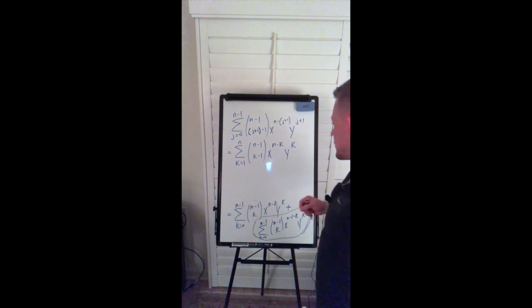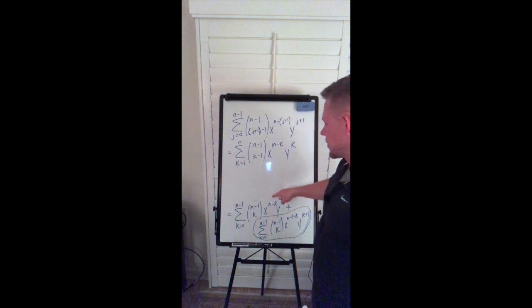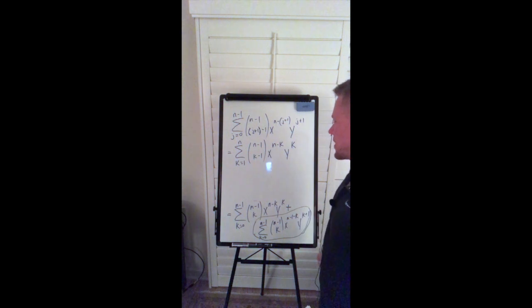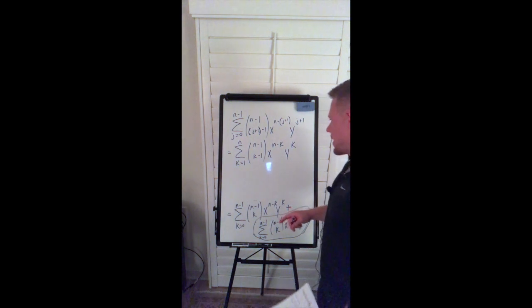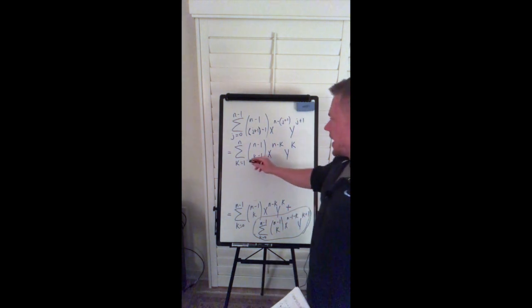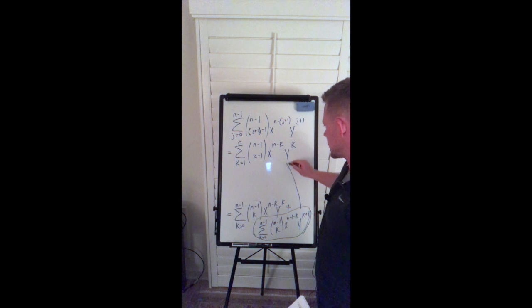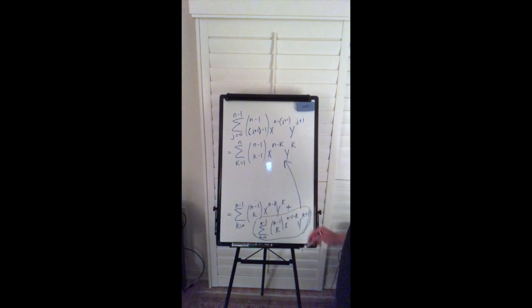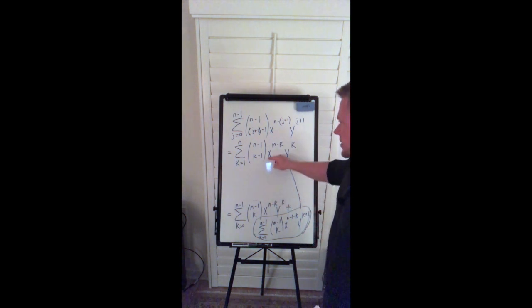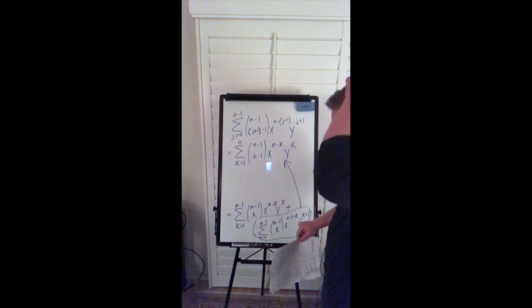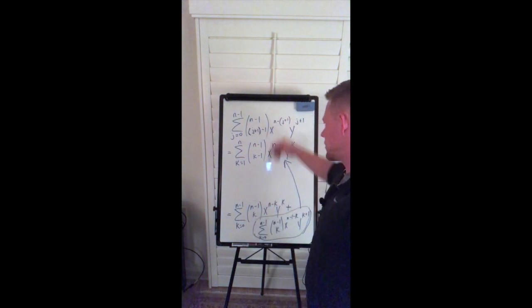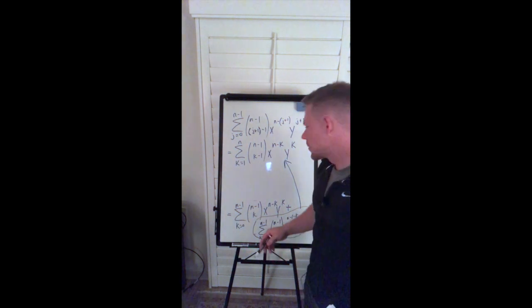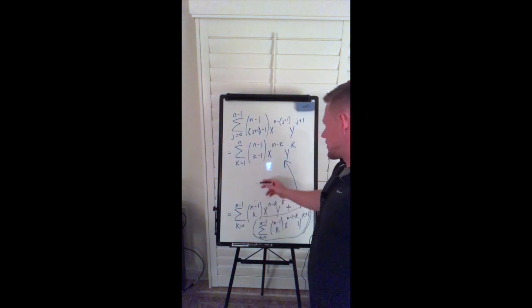Now this is starting to look strangely familiar to our first term over here, which is exactly what I wanted. I'm now going to combine these two. But think about this for a second.